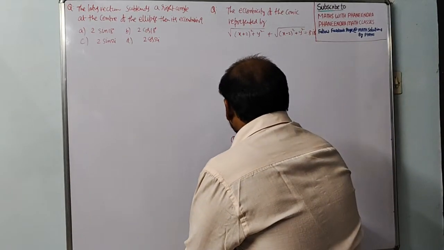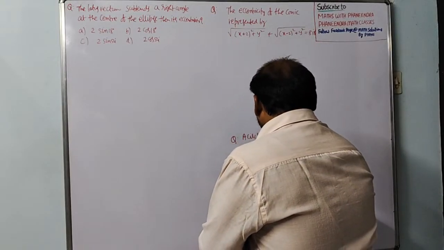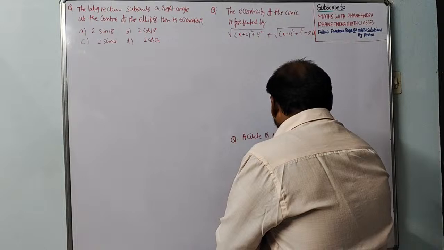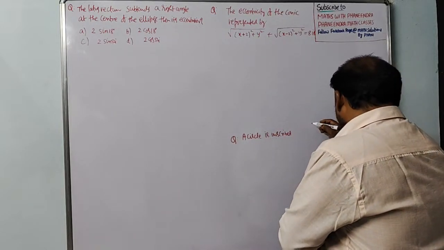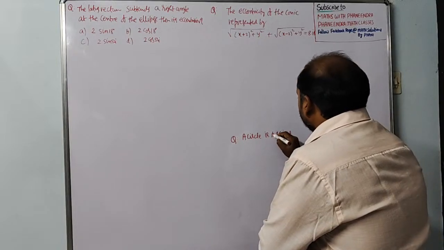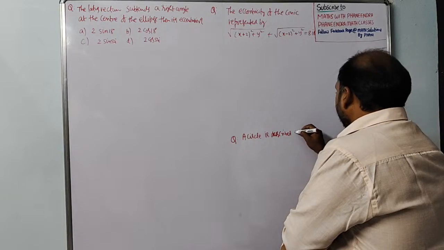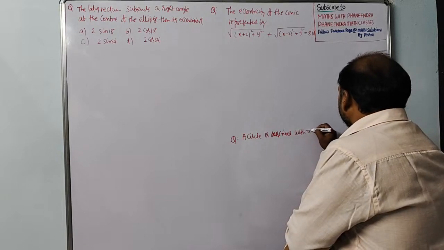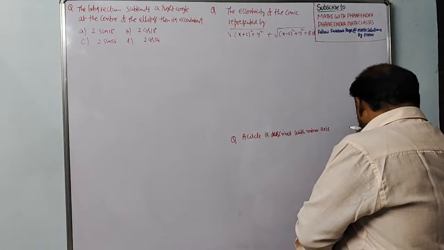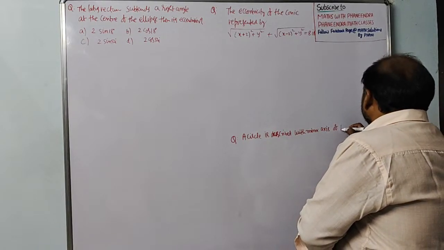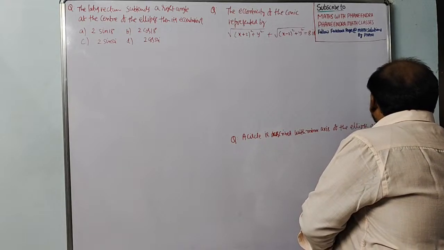Next question here, I am writing. A circle is described with the minor axis of the ellipse as diameter.